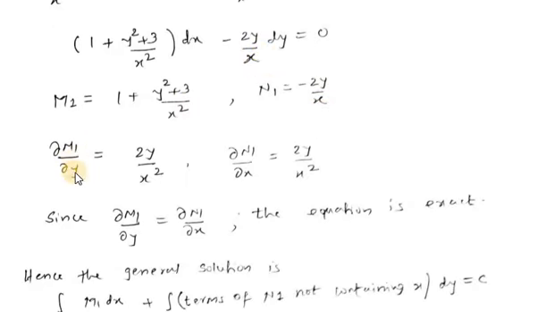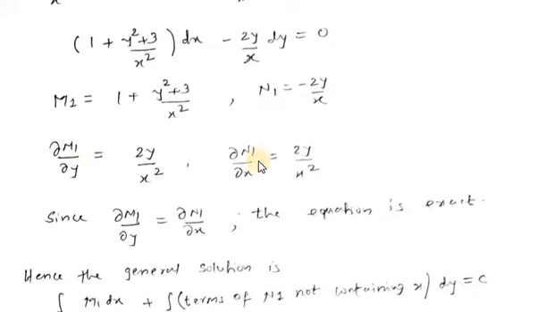So del M1 by del y is the partial derivative of M1 with respect to y. The derivative of 1 is 0, and 3 and x square are constant. The derivative of y square is 2y, 3 is 0, divided by x square which is constant. So del M1 by del y is 2y by x square.